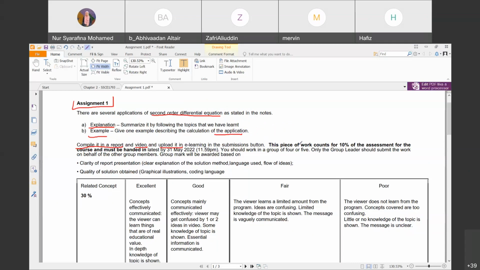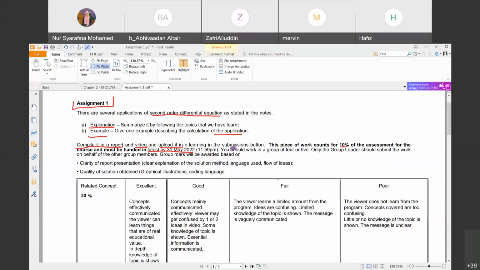Remember, this piece of work counts for 10% of the assessment for the course and must be handed in by 31st May 2022, which is on Tuesday, after Hari Raya.